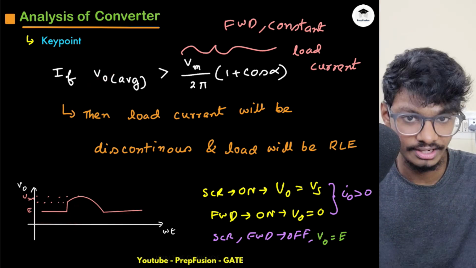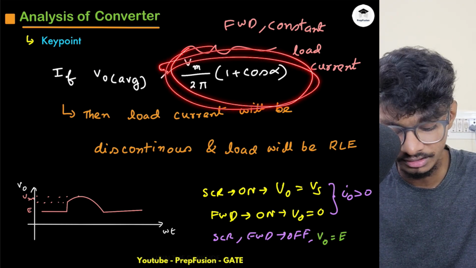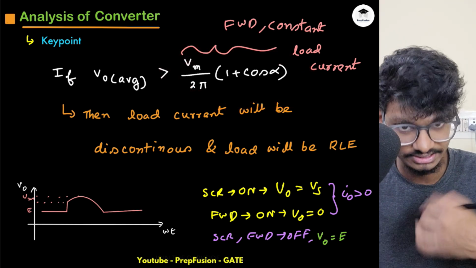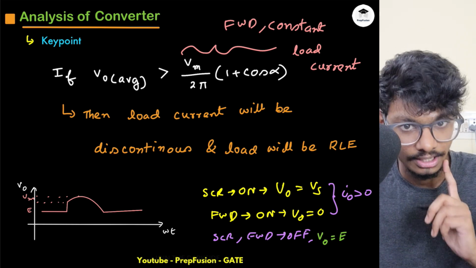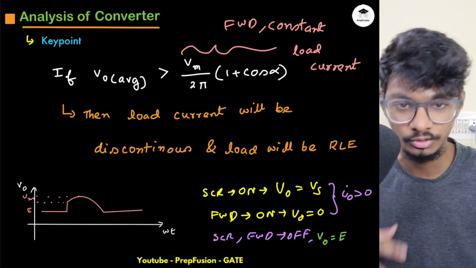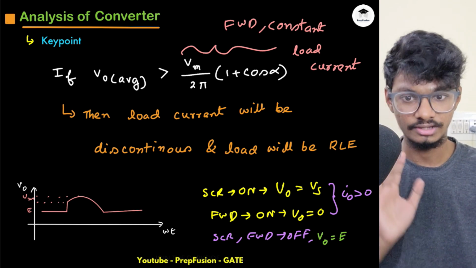That's why whenever I see that VO average is greater than this special value, then I can say surely that the load current will be discontinuous and the load will be RLE load. So these are intuitive things. Even if you couldn't understand, don't worry. You can skip this part. That's totally fine.